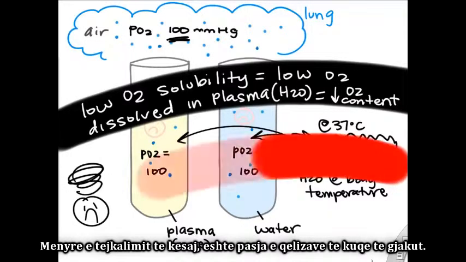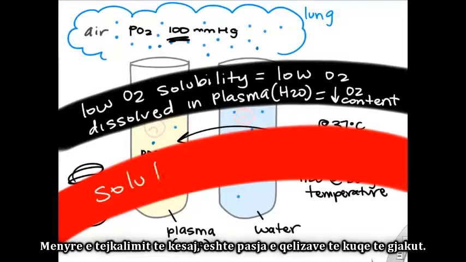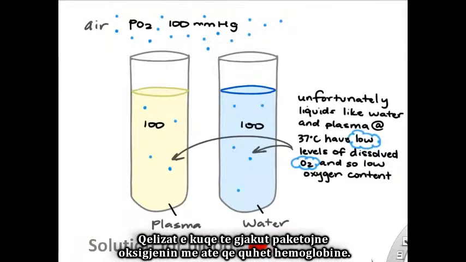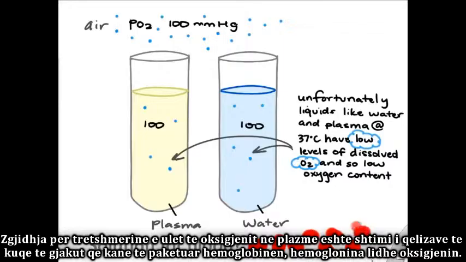The way we overcome that, you might already know, is to have red blood cells packed with an oxygen carrier called hemoglobin. So our solution to the low oxygen solubility in plasma is simply to add red blood cells packed with hemoglobin. That hemoglobin binds up oxygen.